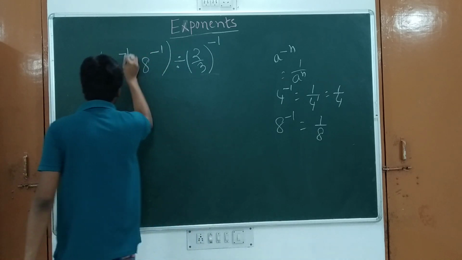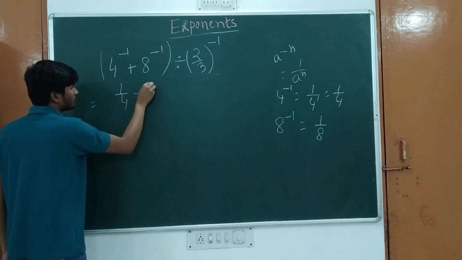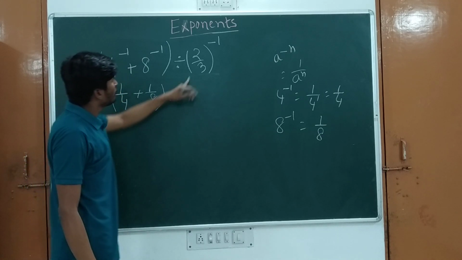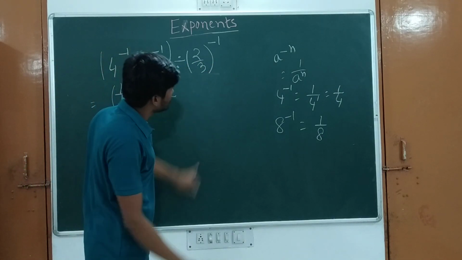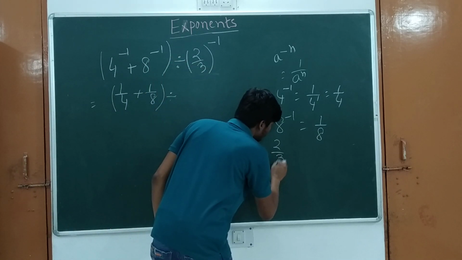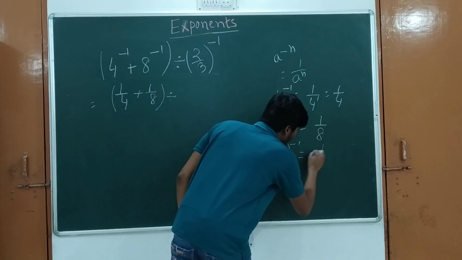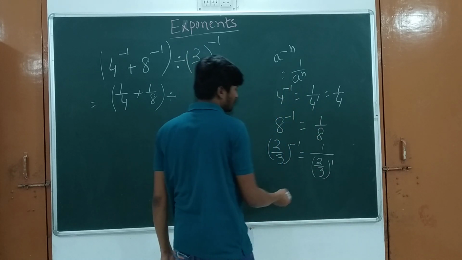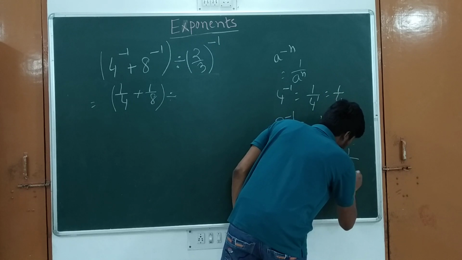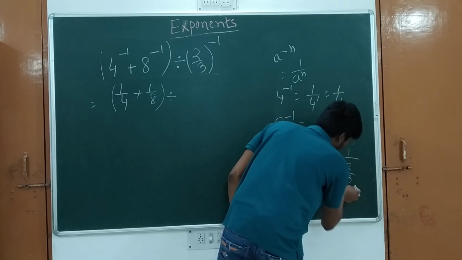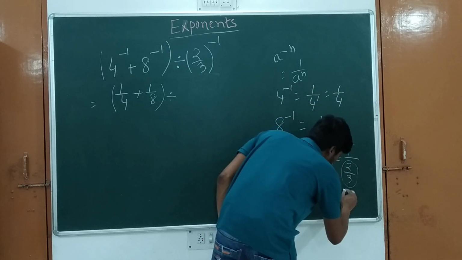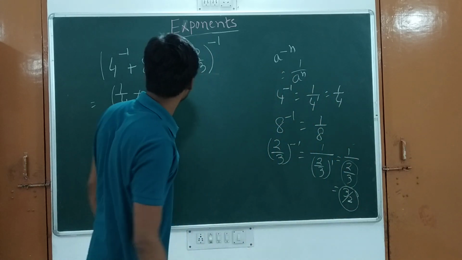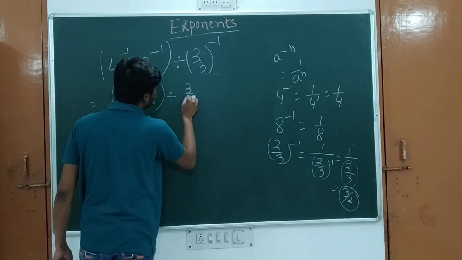So this is equal to 1 by 4 plus 1 by 8, which we divide by 2 by 3 whole to the power minus 1. Similarly, 2 by 3 whole to the power minus 1 is 1 by 2 by 3, which is the reciprocal, 3 by 2.